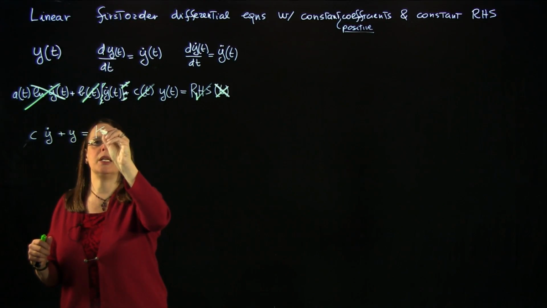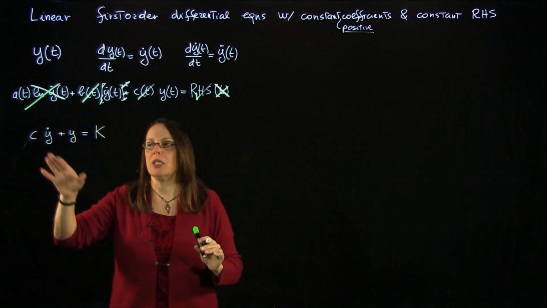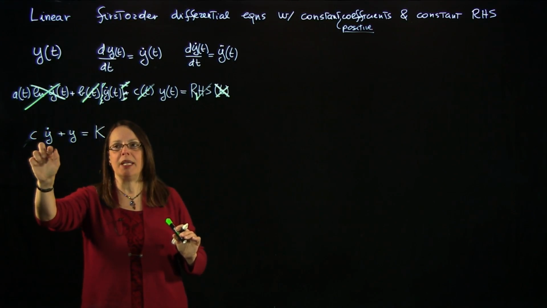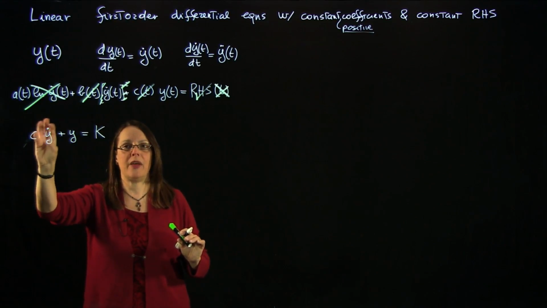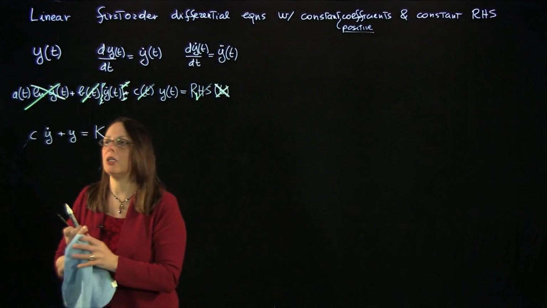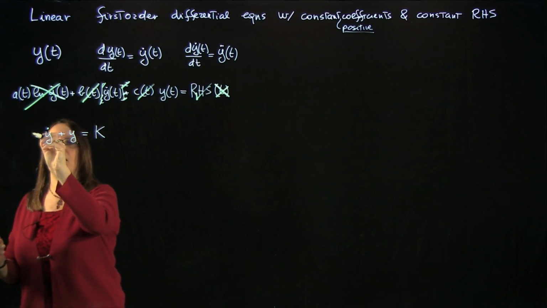Let's call this constant k. And if you look at units, this is the unit of y divided by time, and this is the unit of y, so this constant is going to have the units of time. So normally, this constant that multiplies y dot is written as tau.